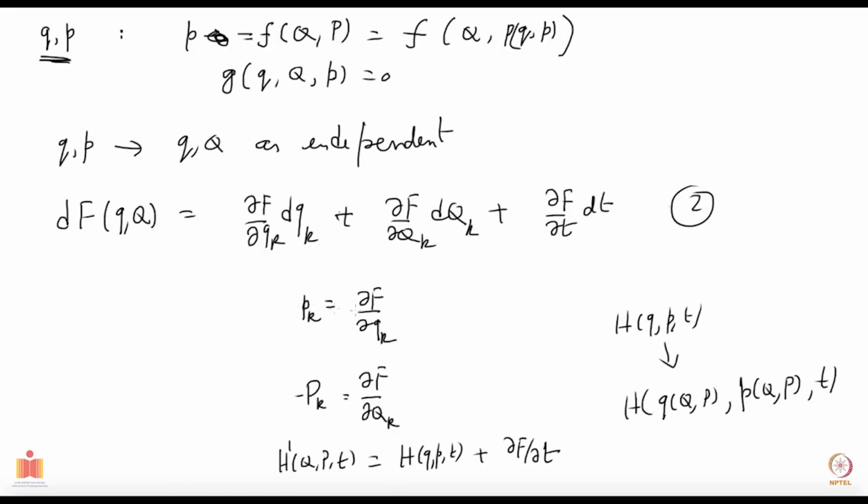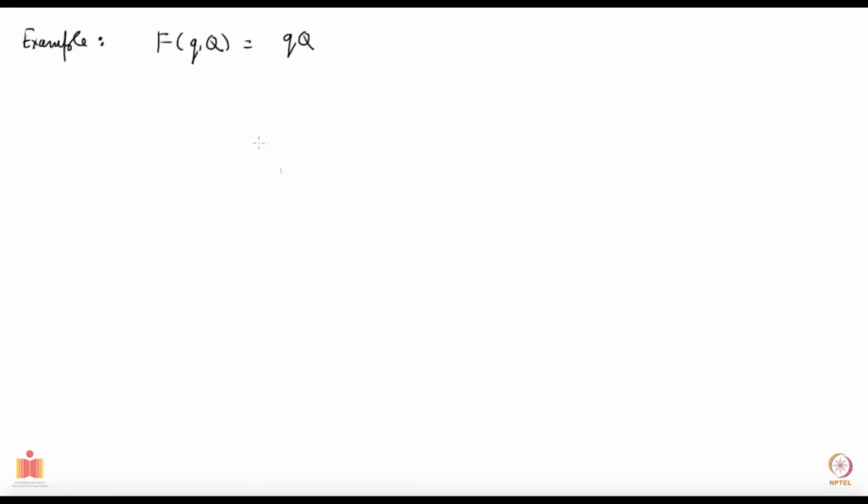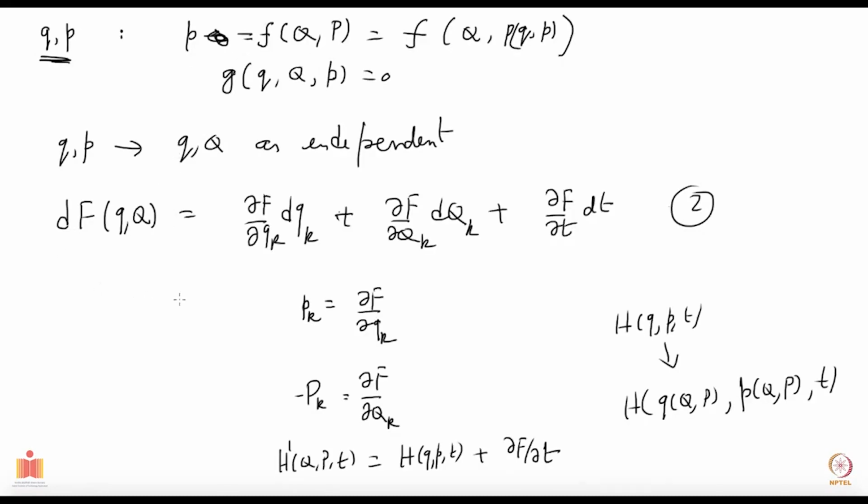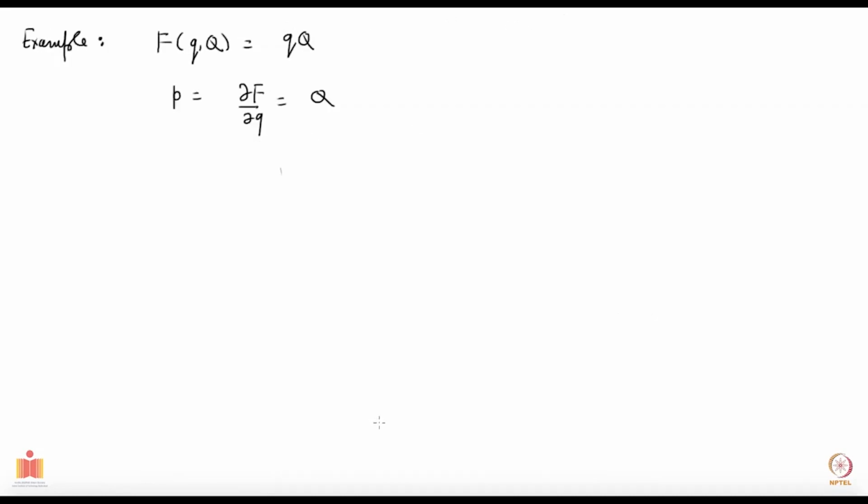The small p will be the derivative of the generating function with small q, which is capital Q. If I take the derivative of this, I am left with only capital Q. And the other equation says that minus capital P would be the derivative of the generating function with the new coordinate.